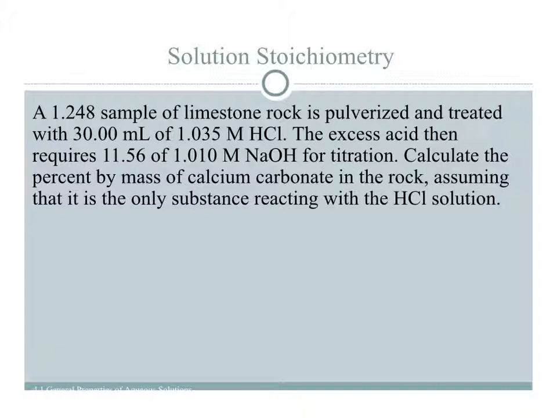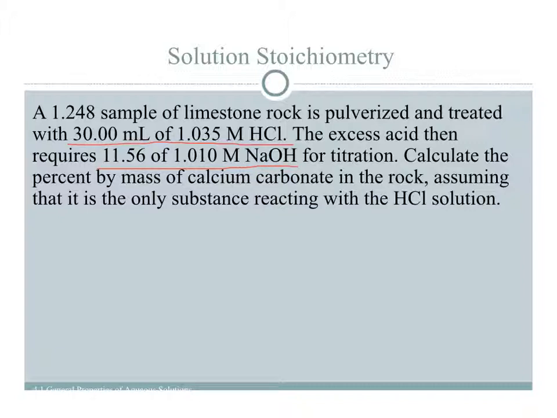All right, last problem. A 1.248 gram sample of limestone rock is pulverized and treated with 30 mL of 1.035 molar hydrochloric acid. The excess acid then requires 11.56 mL of 1.01 molar NaOH.